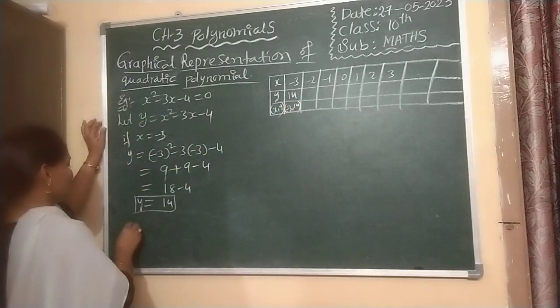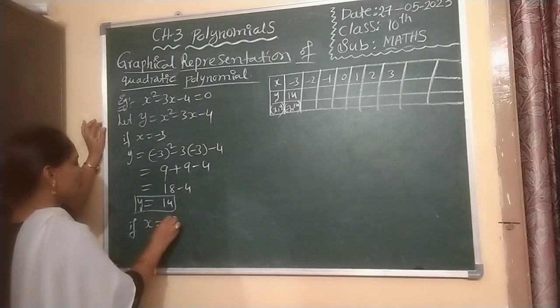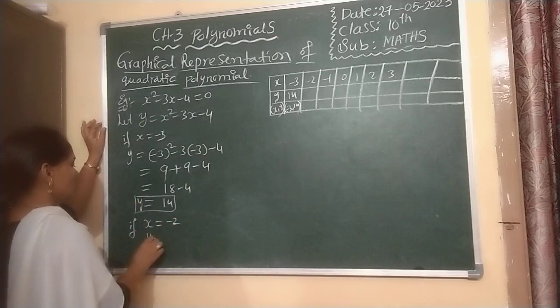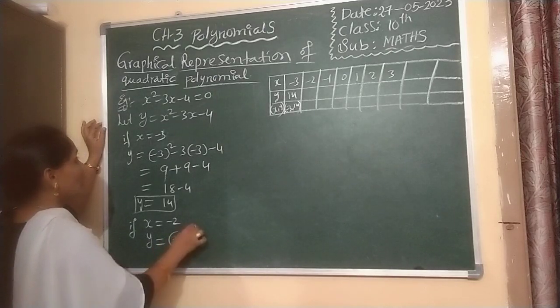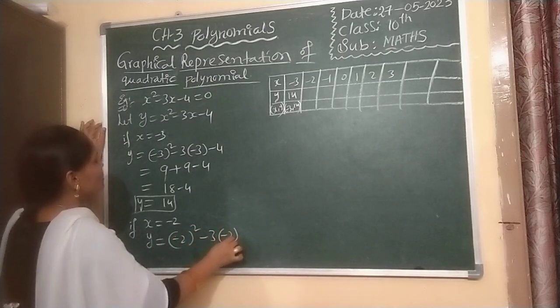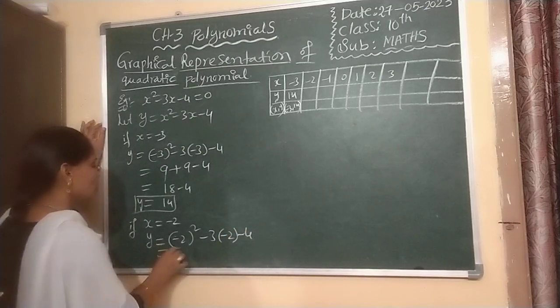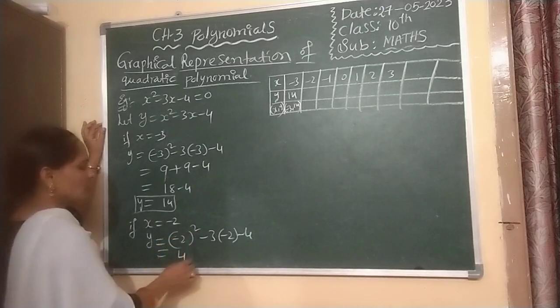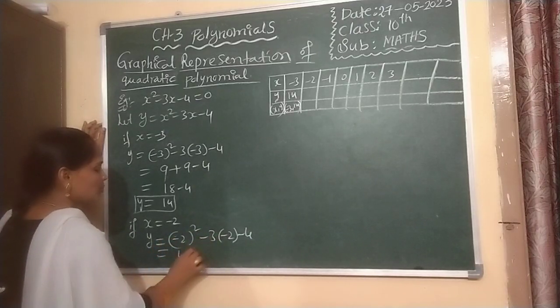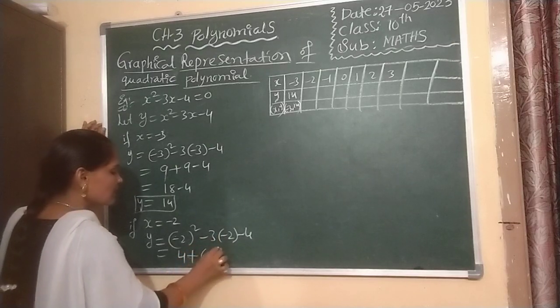Next case, if x is equal to minus 2, what will the y value be? Here minus 2 whole square, minus 3 into minus 2, minus 4. So 2 square: minus is there, but since it is an even power it will come plus only. 2 twos are 4, plus, minus into minus plus, 3 twos are 6, minus 4.